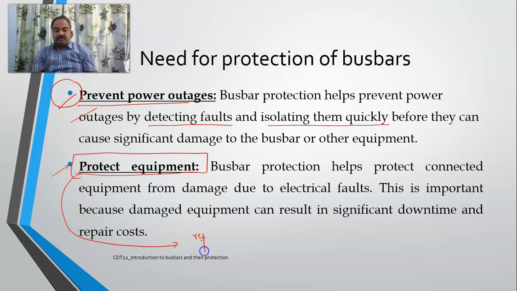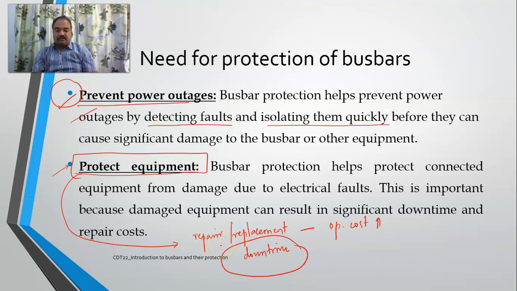There will be repair or replacement cost, so operational cost will increase. And there is downtime: till it is repaired or replaced, you must keep your system idle, which is not wished by your users.